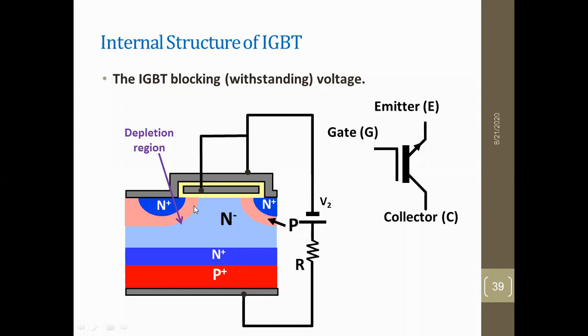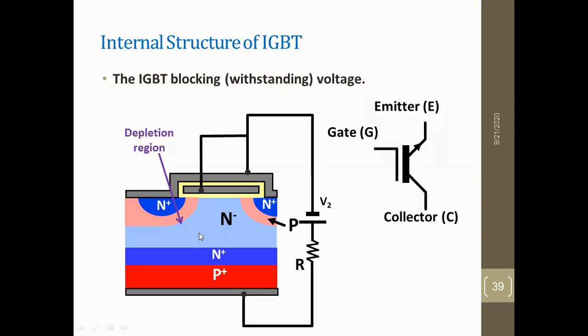If the applied voltage is made further negative, that is the V2 voltage shown here is made more negative with respect to the positive applied voltage towards the collector, then the depletion region increases very highly.